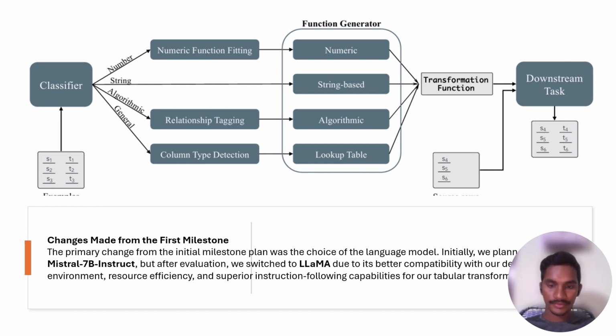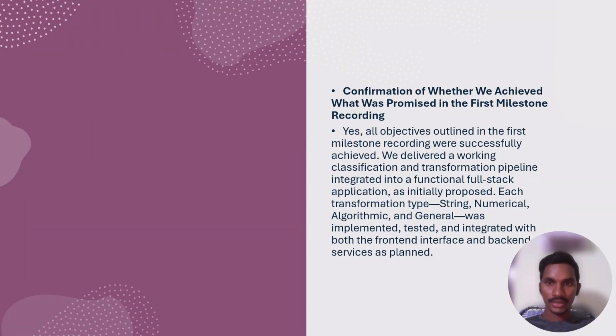And then, confirmation of whether we achieved what we promised in the first milestone recordings. Yes, without any doubt, we have achieved everything. But only one thing: general transformations are not up to the mark and are not happening as we expected, because it completely depends upon the knowledge of the LLM, so it is sometimes giving wrong results.